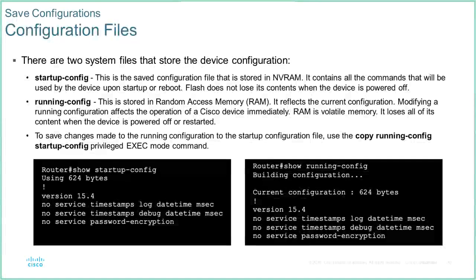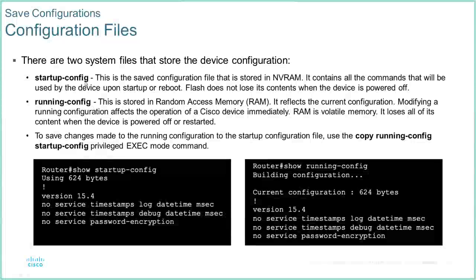Any changes to your configuration is done to the running config file. So it is not automatically saved back to the startup config. So anything you type in the config, global config command, that sort of thing, affects the running configuration.